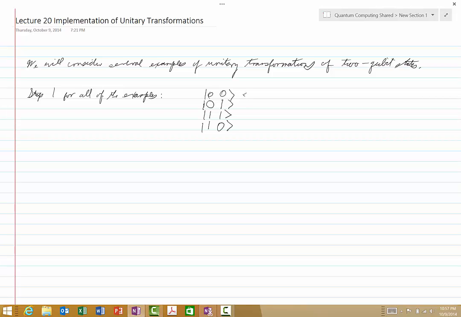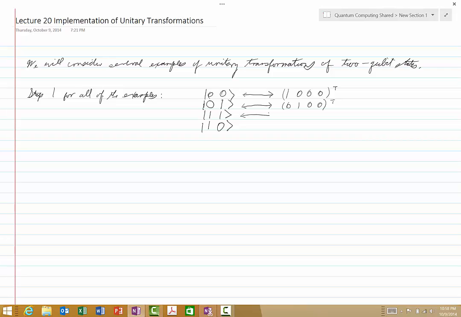So we will associate with the 0 0 state the vector 1, 0, 0, 0 transpose, and with the 0 1 state we will associate 0, 1, 0, 0 transpose.